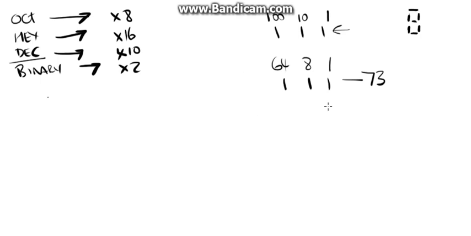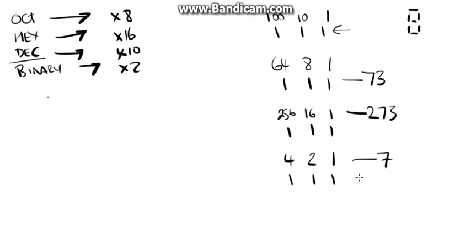Exactly the same with hexadecimal. We've got 1 times 16, which is 16, times 16 is 256. 1, 1, 1 equals 273. Binary, 1 times 2 is 2, times 2 is 4, so 1, 1, 1 equals 7.